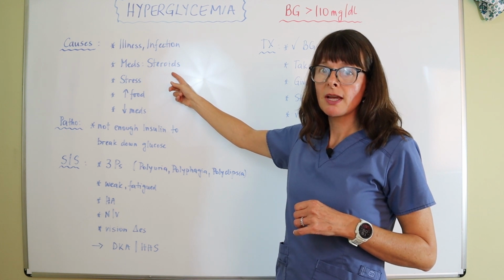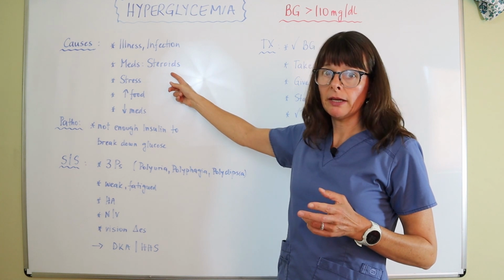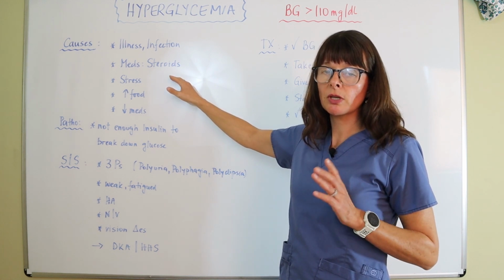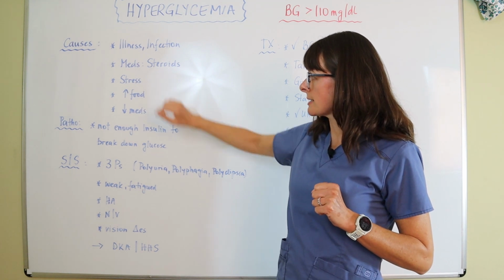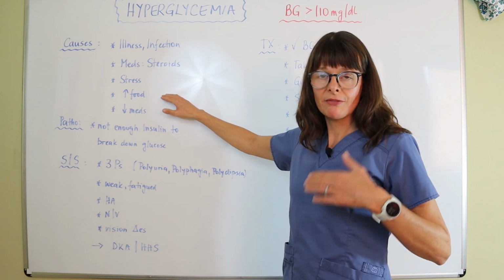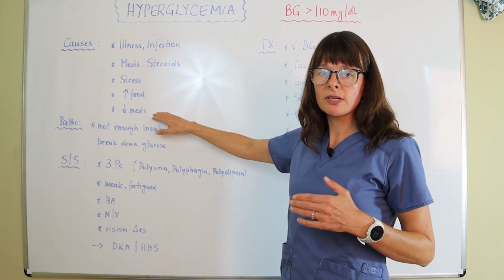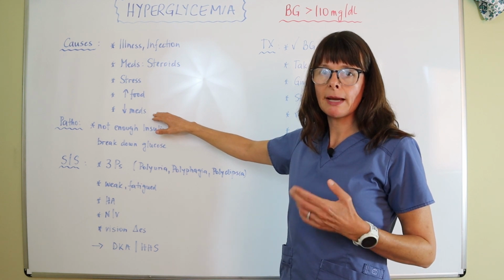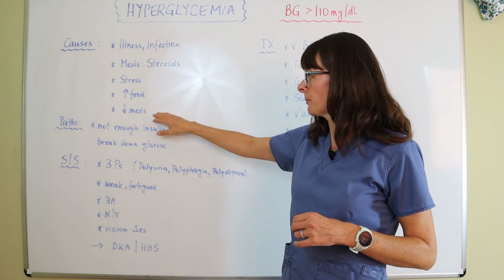So the patients that are maybe already diabetic or chronically ill and are on steroids, we need to keep a close eye on them for hyperglycemia. Stress, like I already mentioned, and then of course anything where we have an increase in food intake and or a decreased intake in medications, and that might be insulin as well as oral anti-diabetic agents.